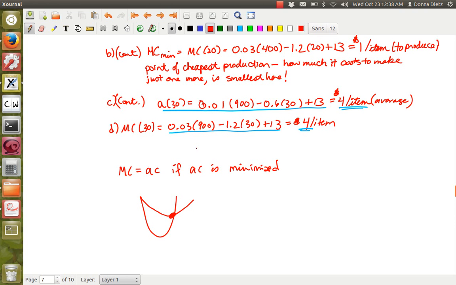Bad picture, but you see, this is supposed to be the minimum, and then it comes up. So much easier to draw on a chalkboard. So this is where average cost is minimized. Marginal cost equals average cost. And notice marginal cost is lower than average cost, and that's what happened.